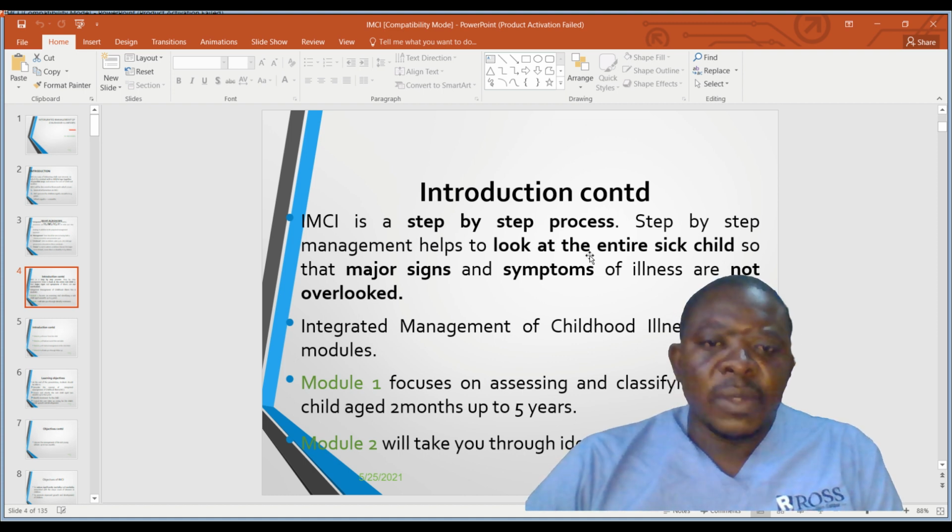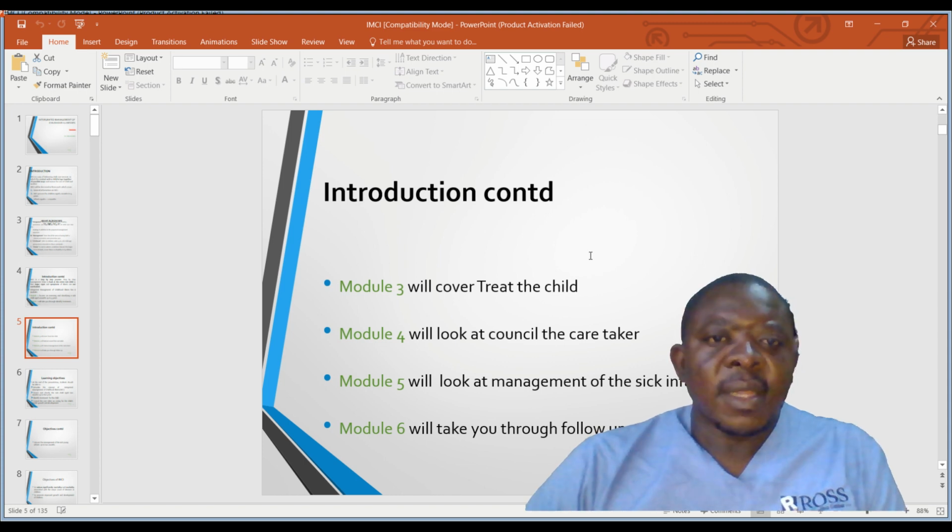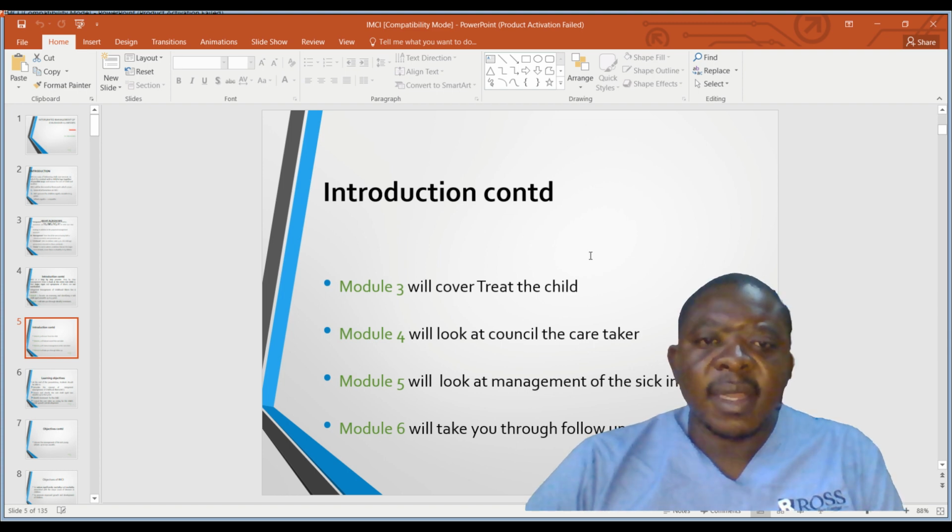Module 2 takes you through identifying the treatment. Module 3 covers treating the child. Module 4 looks at counseling the caretaker. Module 5 looks at the management of the sick infant, and module 6 takes you through the follow-up visit.